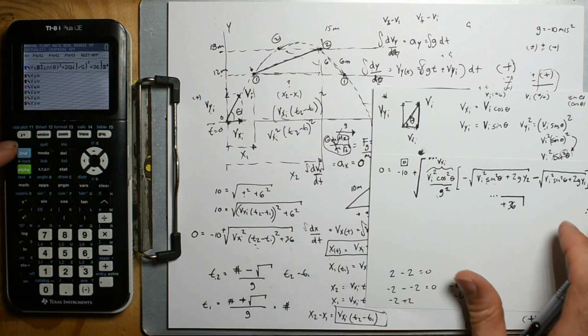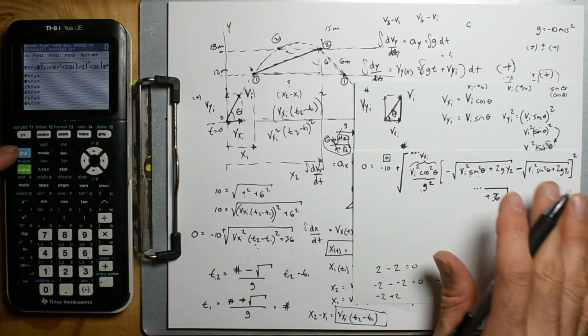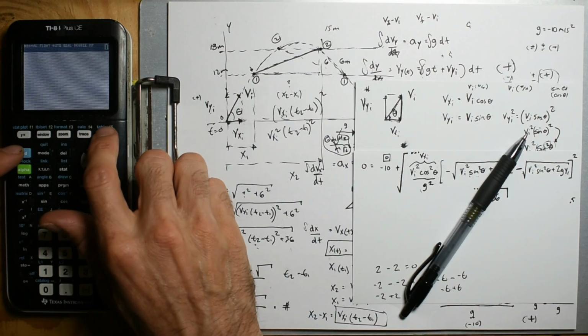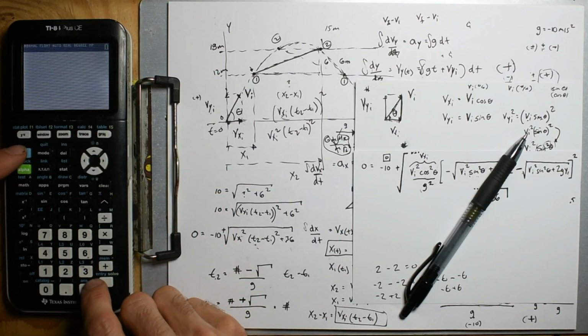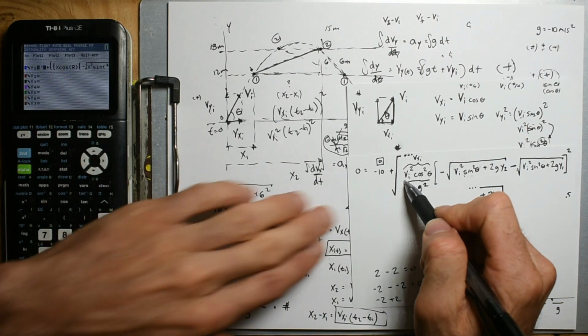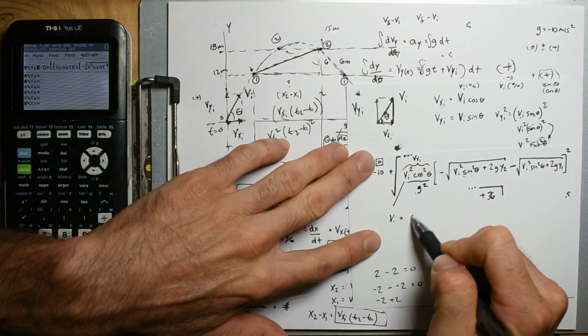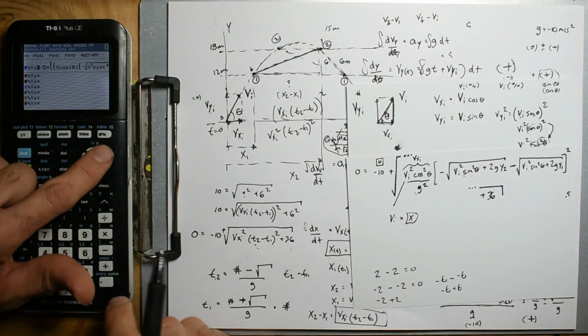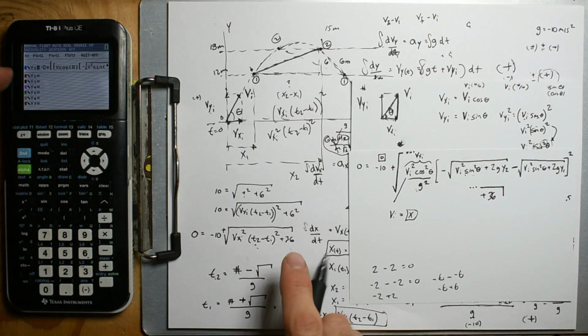Now we're going to graph this, and let's see what our variable is. This value of VI is my x variable in my calculator. When you graph something, that's all you get.